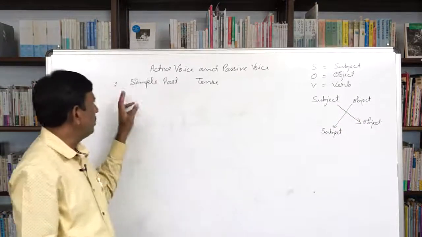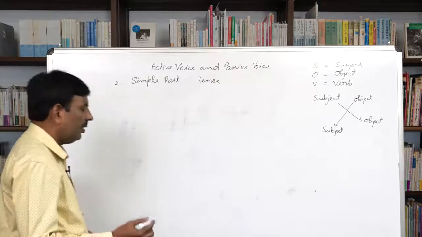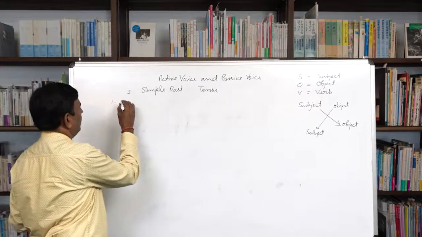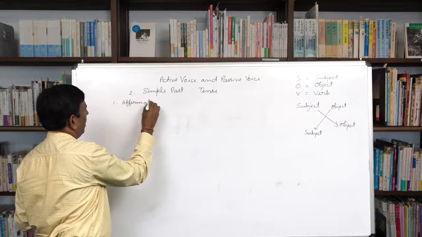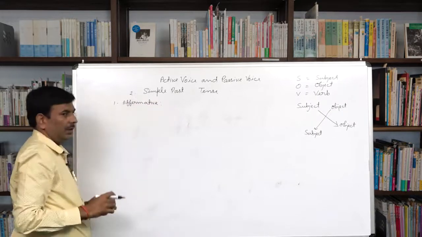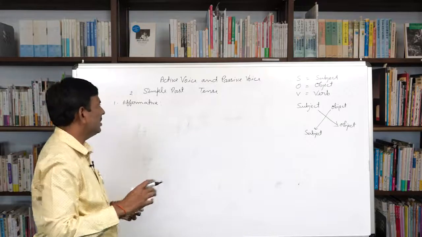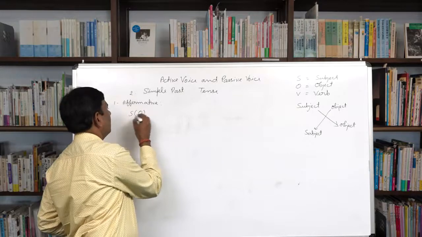So today we are going to study simple past tense of passive voice, in which first of all, number 1, affirmative. Affirmative is the kind of sentence. In an affirmative sentence, first of all, subject. Which subject?